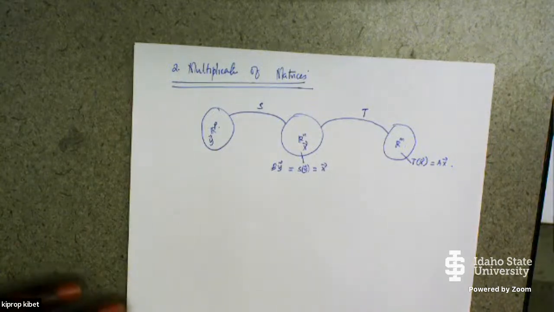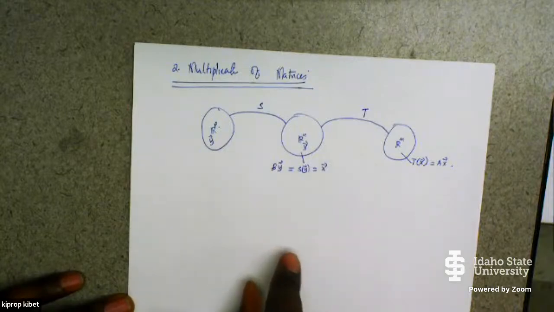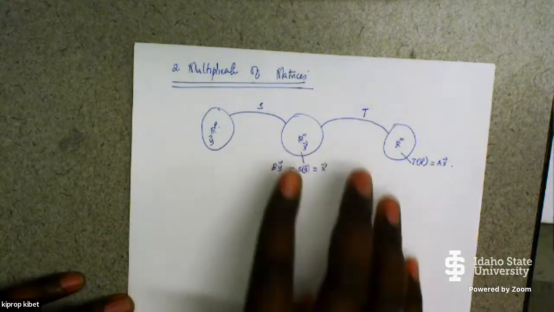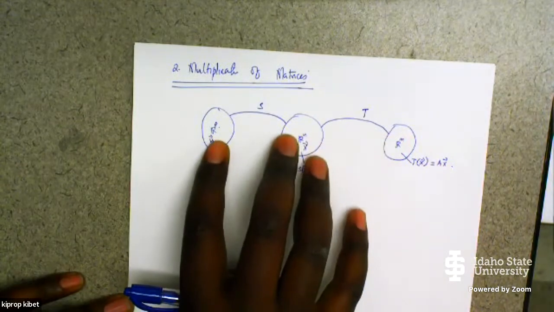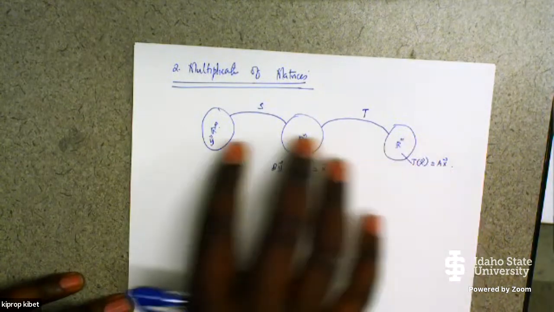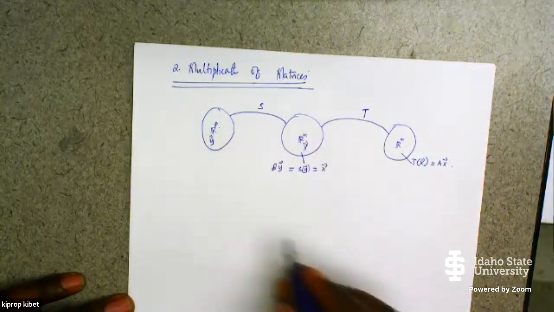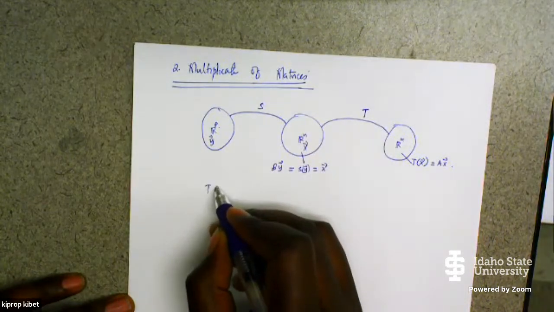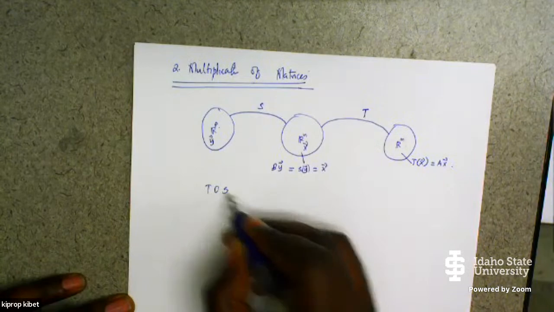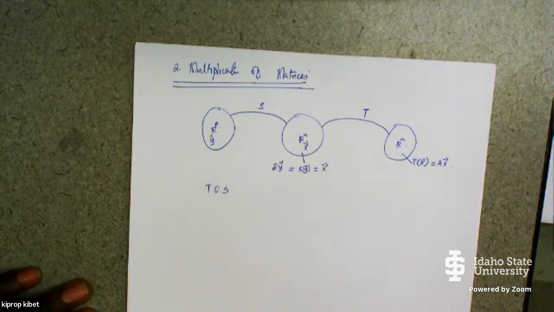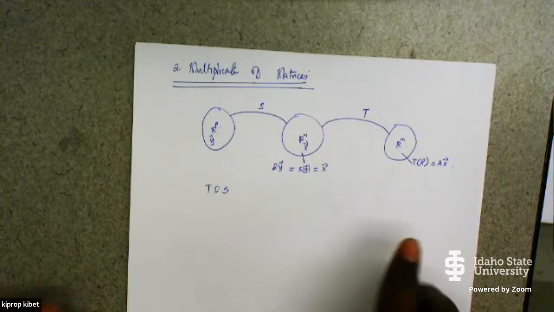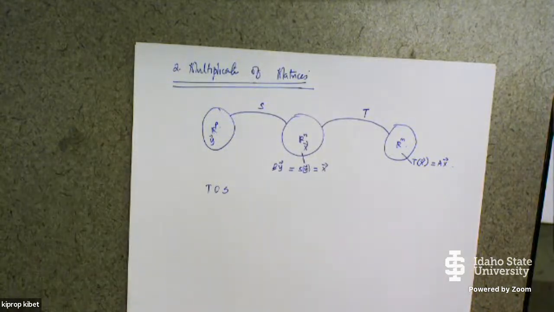Now, the multiplication of A and B, A multiplied by B, is the same as T of S. Okay, so we are actually composing.